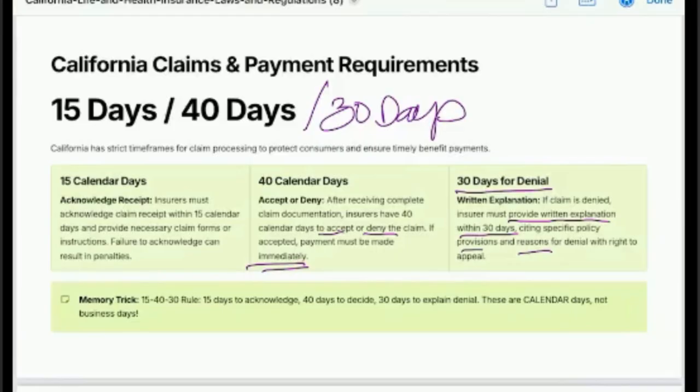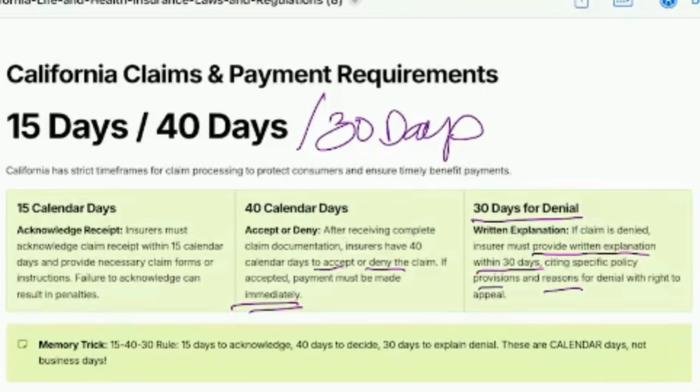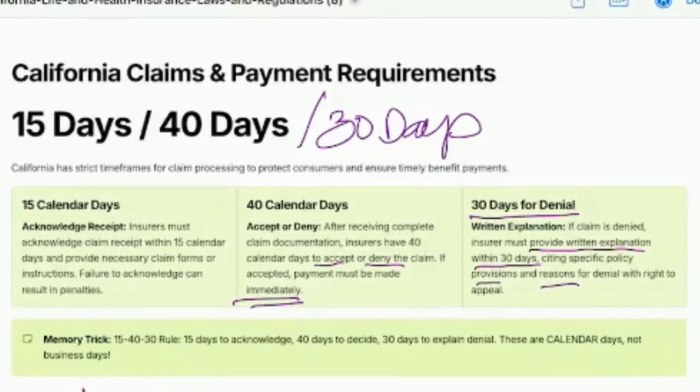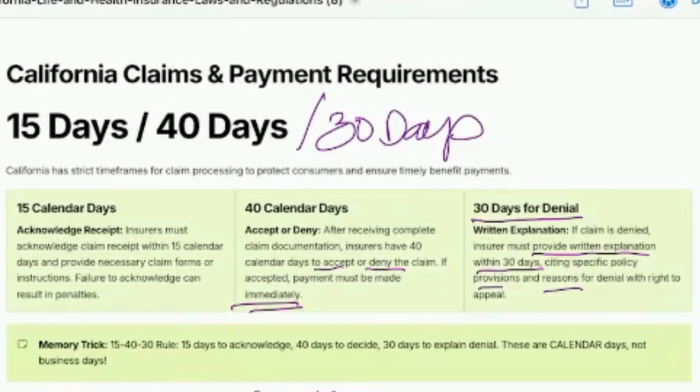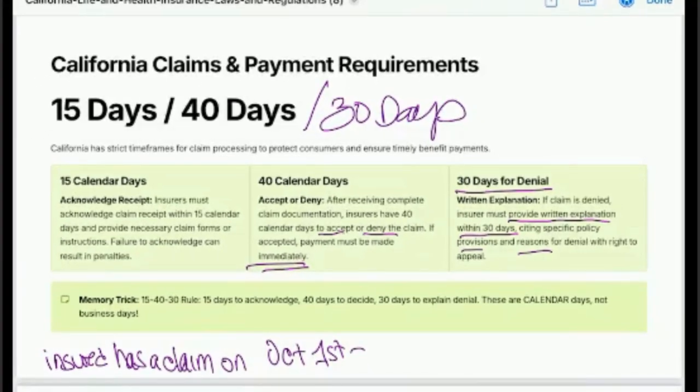So, let's say an insured has a claim on October 1st, and whether they submit it on the app or call it in or however they do it, on October 1st, they let the insurance company know, hey, I have a claim.